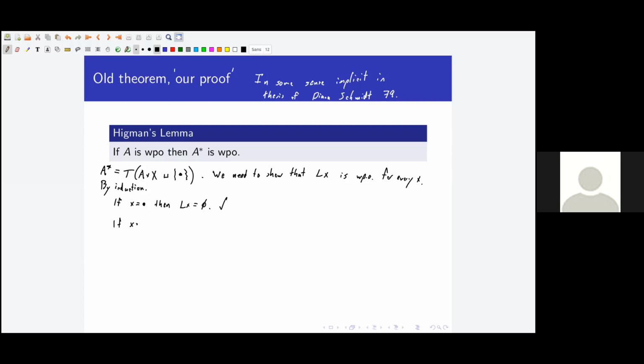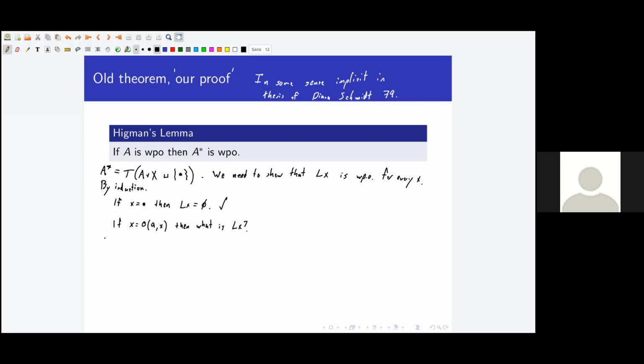On the other hand, if X is a circle and then the first element of the string, then what is Lx?